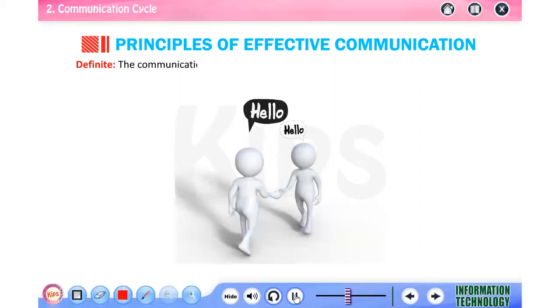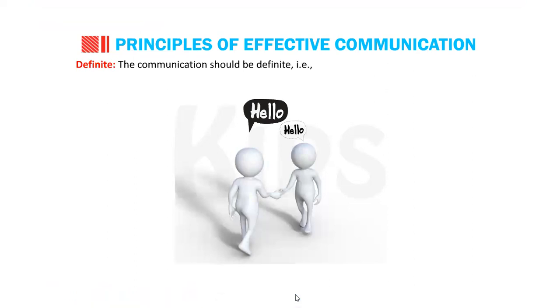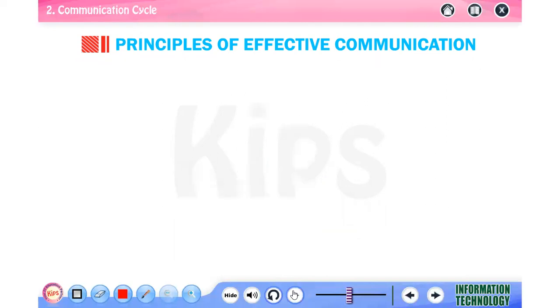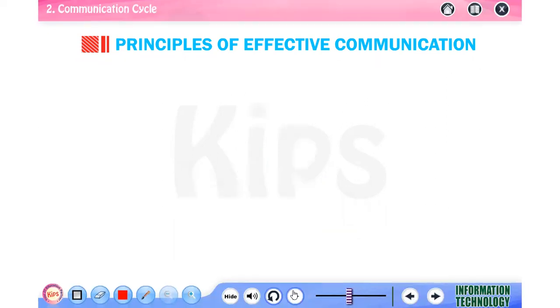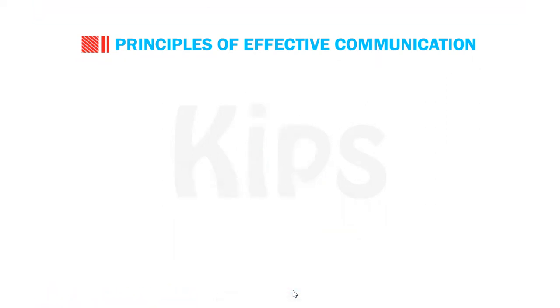Definite. The communication should be definite. That is, its aim should be clear in the mind of the sender. Yes. While sending a message, the communication should be definite. I mean, it should be to the point. So it's not like that if the sender asks a question, where is your house, then the receiver should say that my house is in, let's say, New Delhi.